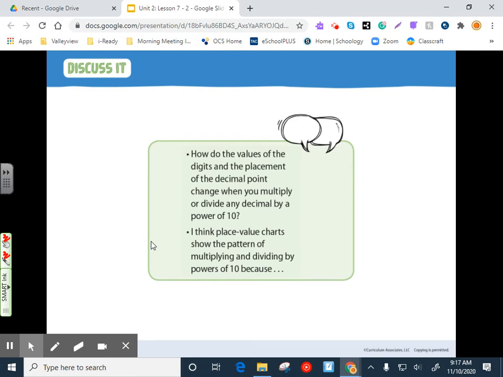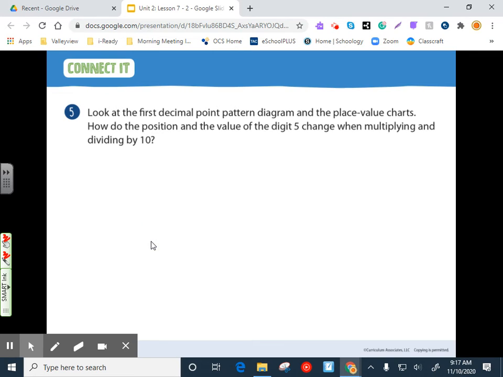Okay, so numbers are shifting, but look down here at 5. Look at the first decimal point pattern diagram and the place value charts. How does the position and value of the digit 5 change when multiplying and dividing by 10? If we multiply by 10, we know that 5 shifts to the left.